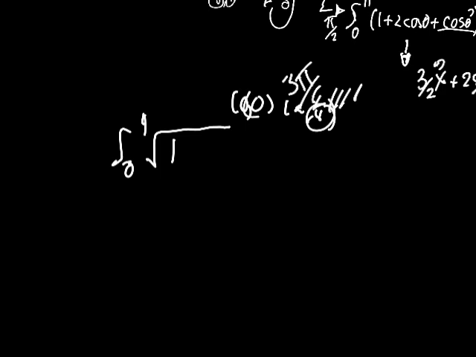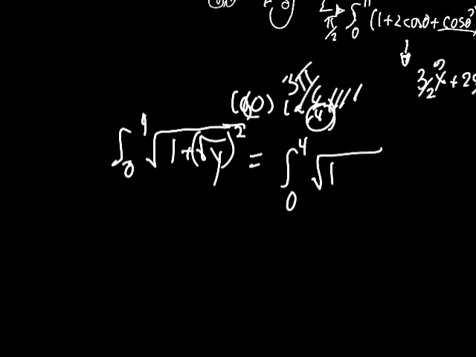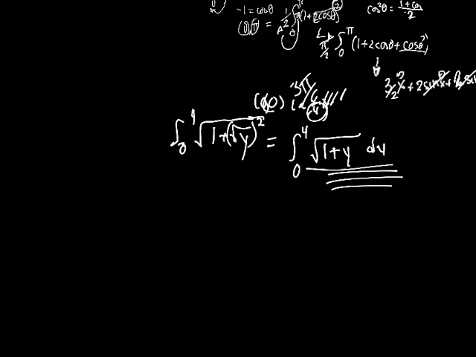We can apply them to our bounds, and we know that the arc length formula is the integral of the square root of 1 plus f of x squared dx. In our case, f of x is y, and we square it. We can rewrite this as the integral from 0 to 4 of 1 plus y dy. And we are allowed to leave it like this. And that is the arc length formula.